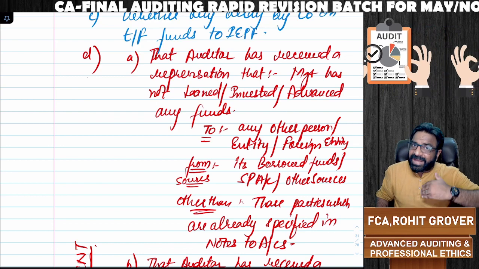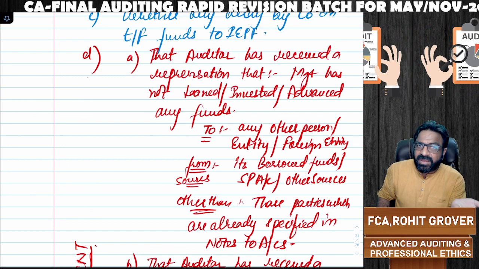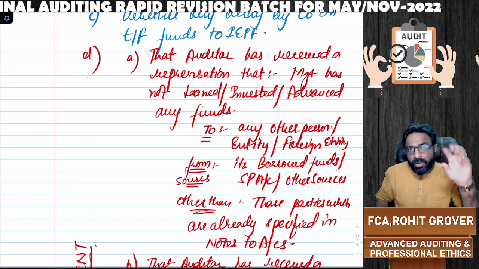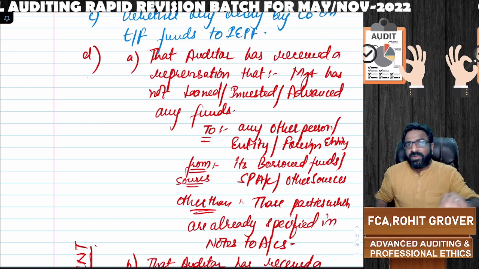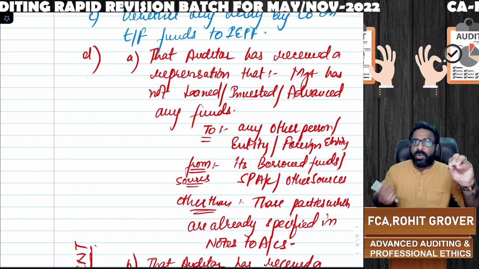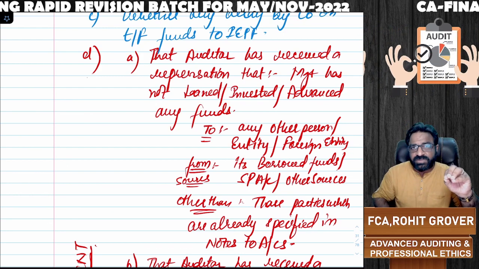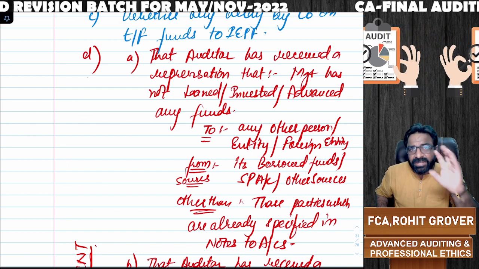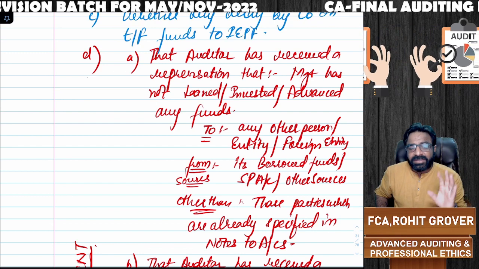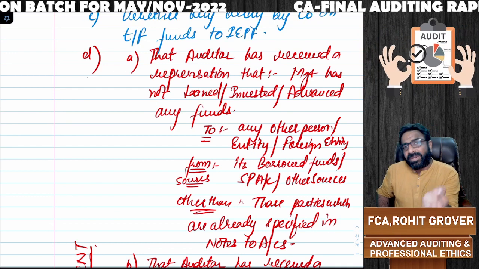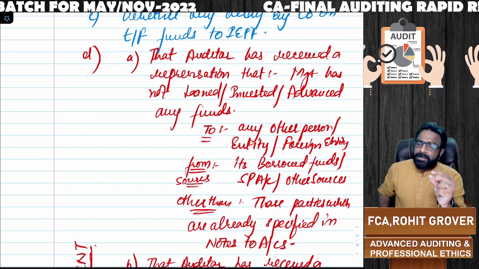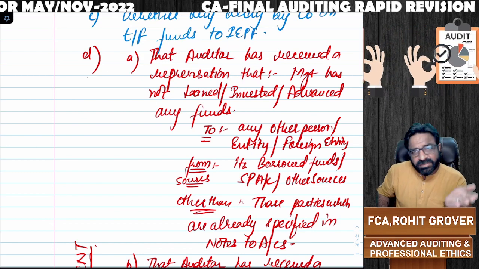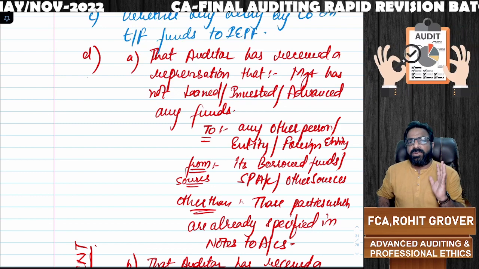If you have given other than that which is already disclosed in the notes to accounts, if you have given any loan, or made any investment, or any advance from your borrowed funds, from your other sources, from your securities premium account to any person, to any entity, or to any foreign entity, then other than that which is already mentioned in the notes to accounts, please give me the WRL on that. Or if you have not done that, then also give me the WRL on that.